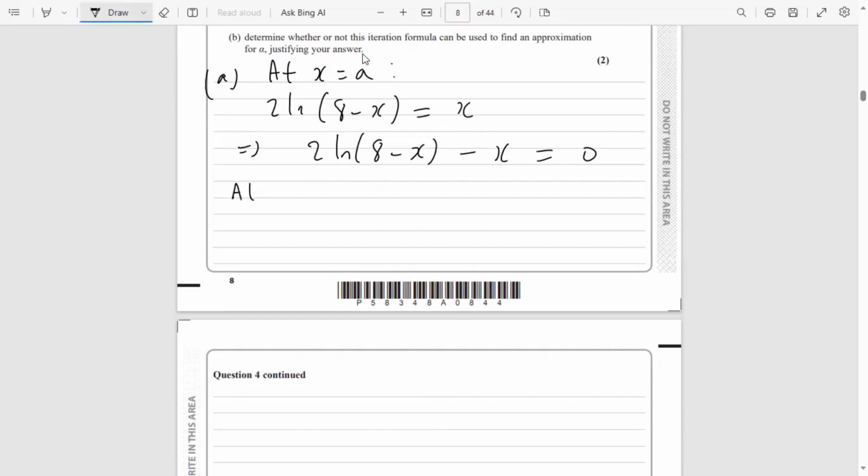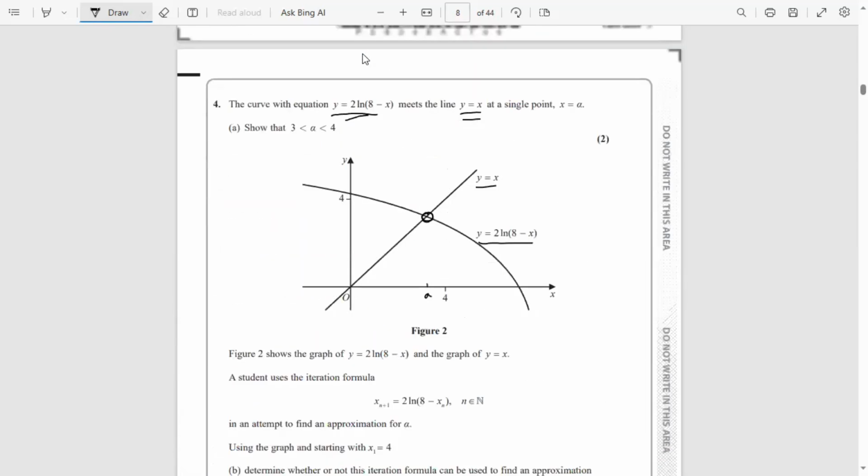At x equals a, we know that 2 ln(8 minus a) minus a is equal to 0. I've just substituted x equals a into this formula. So at that specific coordinate, this is true. But we want to show that a is between 3 and 4.